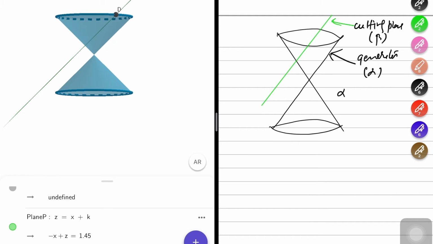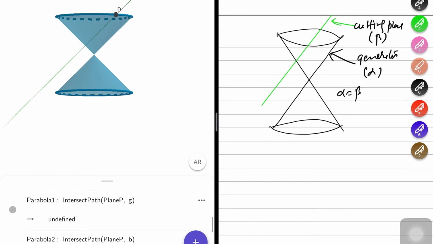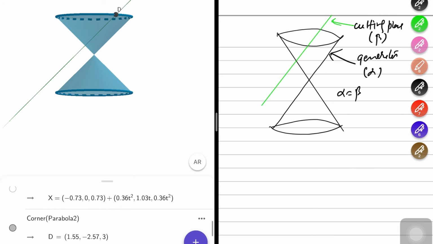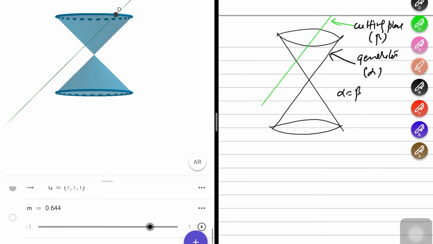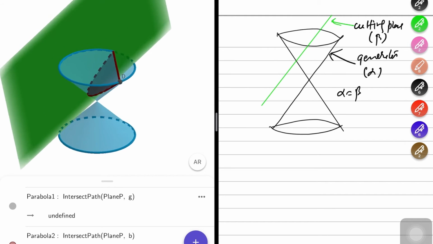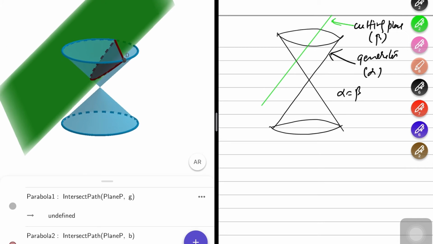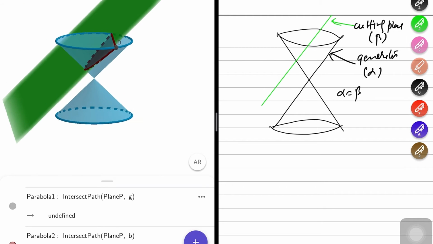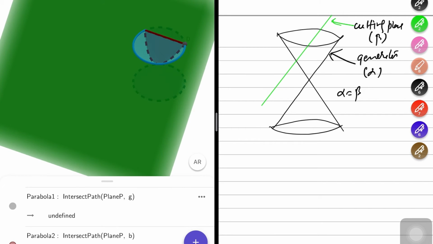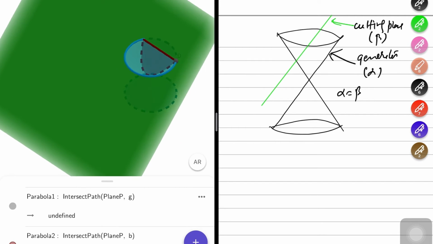Clearly alpha is equal to beta, and the conic section we see is a parabola.